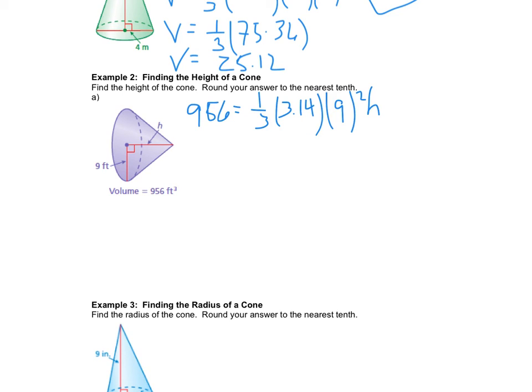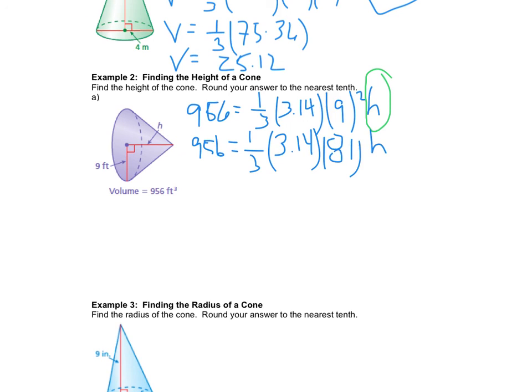So obviously we need to isolate the h and get that all by itself, which is going to take a little time. First step, we know we're going to do our exponents. So the 9 squared becomes 81. And then everything else comes down in weights. I'm again going to leave, for the moment, the 1/3. Okay, and we still have the h attached.